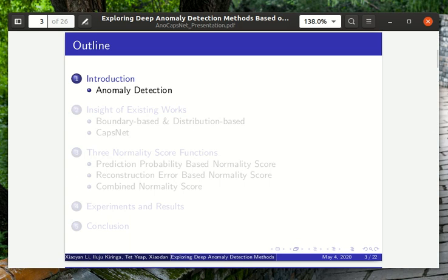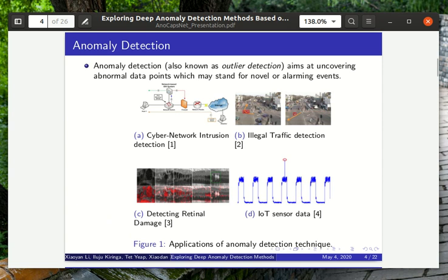First, let's look at the introduction, anomaly detection. Anomaly detection, also known as outlier detection, aims at uncovering abnormal data points, which may stand for novel or alarming events. These are examples of its 4 applications. In data centers, it probably indicates an attempt of cyber intrusion.